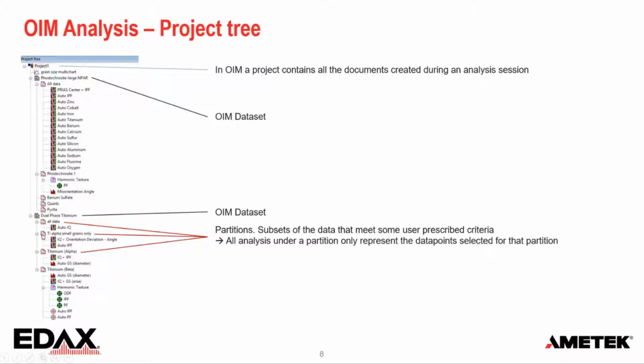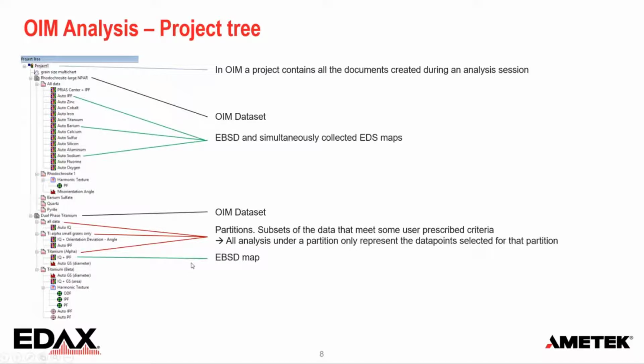But here, for example, I have created a partition that only shows the small alpha grains. So ignore beta, ignore the larger grains, just a very specific part of your microstructure. And everything that I make underneath one of these partitions only uses the data that I allow in my partition. So you can make very dedicated maps and calculations for parts of your data set.